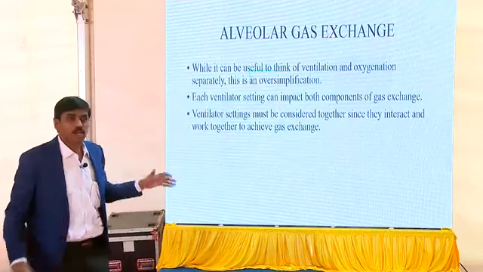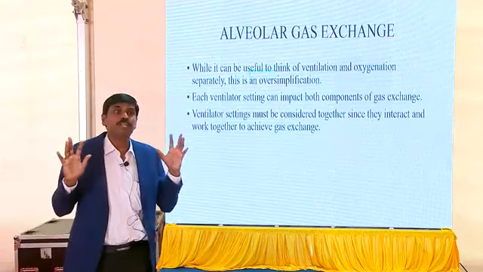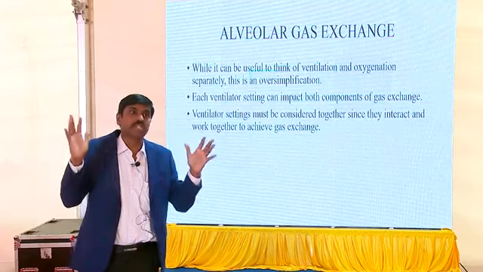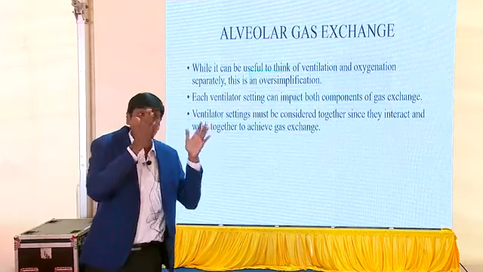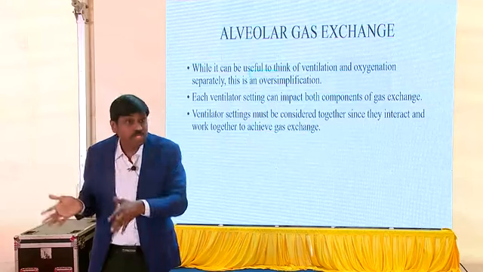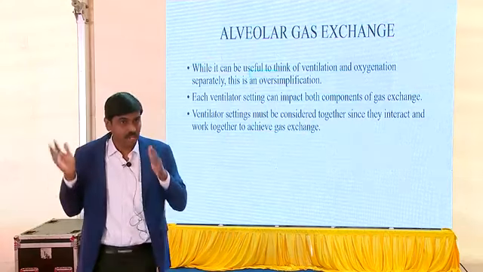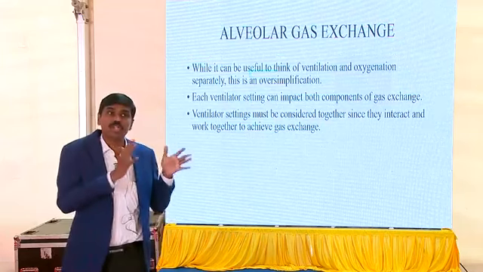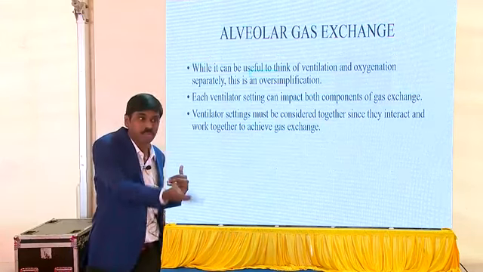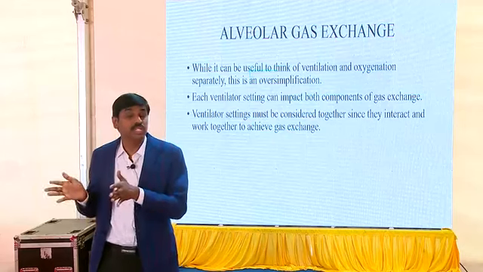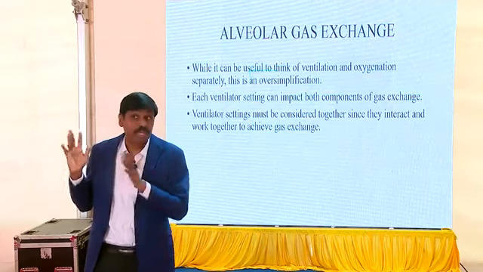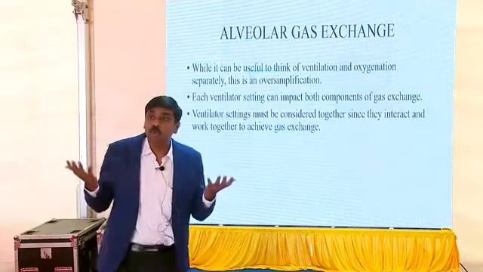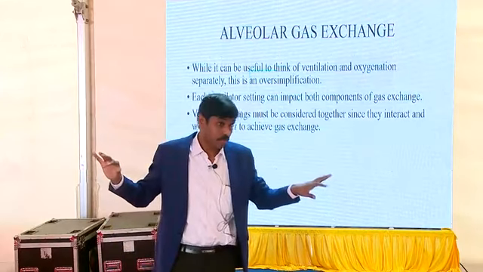Okay. So coming on to alveolar gas exchange, oxygenation is separate, carbon dioxide elimination is separate. What we call in medical parlance is ventilation, which is carbon dioxide elimination. Oxygenation is ensuring the oxygen reaches the baby, whereas ventilation is more about carbon dioxide elimination. Now, do we try to separate it?